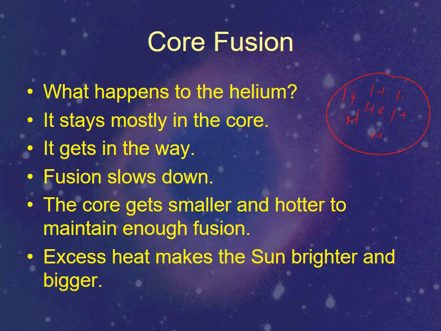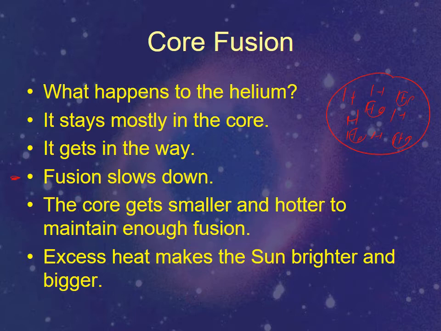Now we're getting more and more helium. Those heliums start to get in the way of the hydrogen atoms, so the hydrogen atoms have a tougher time getting together to fuse. That means fusion slows down compared to what it normally would be at that temperature and pressure.